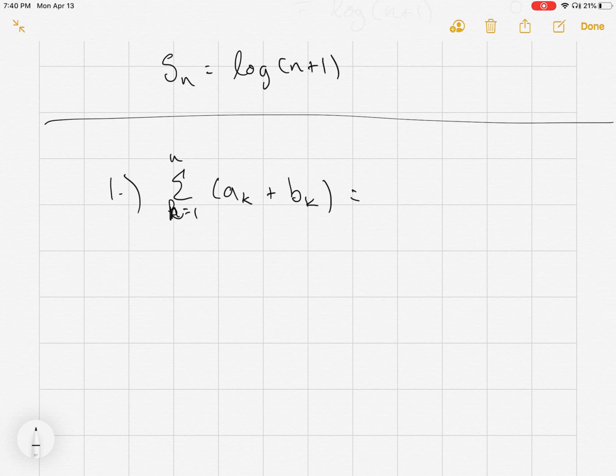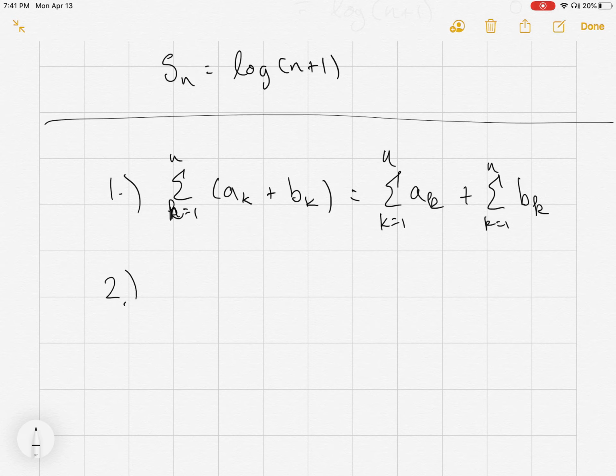That's just going to be equal to the summation from k equals 1 to n of a sub k plus the summation from k equals 1 to n of b sub k. So we can add up all of the a terms first and then all of the b terms and add them together, or we can add them together and then sum up through the terms that we're looking at.